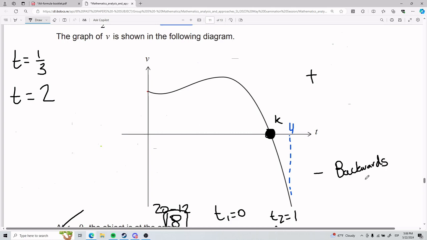Okay, but if you're going backwards, your speed is still up, right? Think about it this way. If you're in a car and you're going backwards, but you're going faster each time, it's like you have your pedal to the metal, then your speed is getting higher. And so having that in mind, where is my speed increasing and my distance as well?